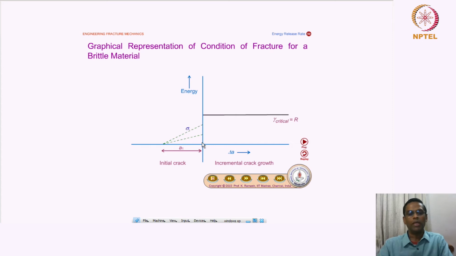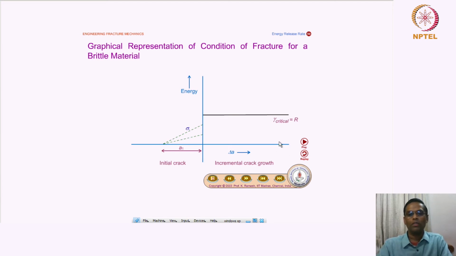When the crack length is A1 and the applied stress is this much, no crack initiation will take place because it is much below the resistance level. We need to reach G1 equal to R1. Unless it reaches this point, the crack will not grow. Only then will it satisfy the necessary condition.